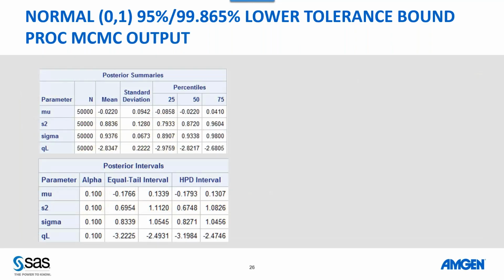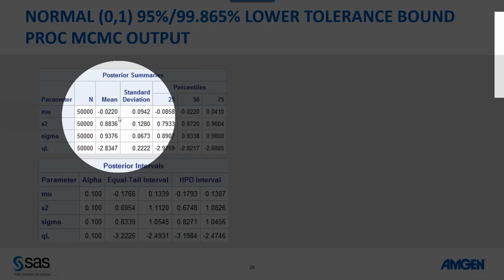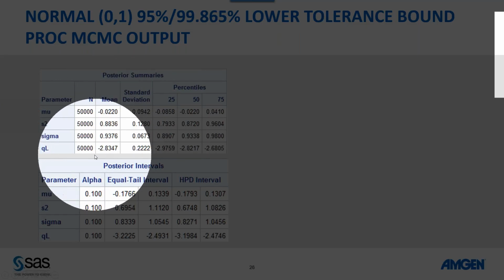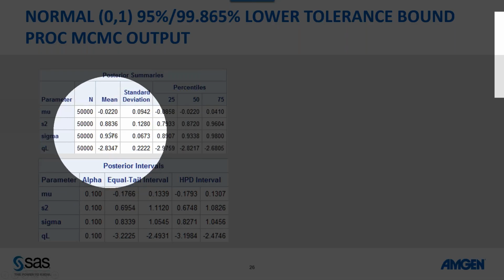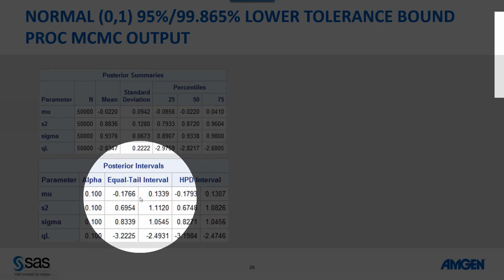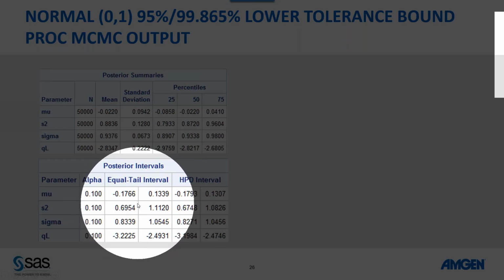Okay, so this is the output for PROC MCMC. Here you have the parameter estimates, so to speak: the mean, the standard deviation, and the percentile by default. It also computes two posterior intervals. Equal tail just means 5% on each of the two tails, and that's a credible interval.